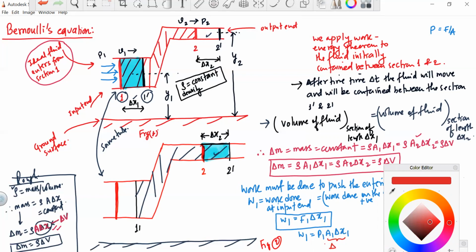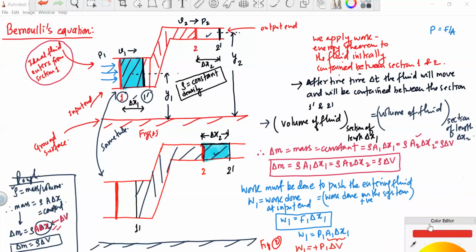So let us denote this product A1 times delta X1 by symbol delta V. So delta V times P1 equals W1, and this is positive because it is work done on the system. That is work done on the fluid in order to push it at section 1, because work has to be done in order to push the fluid at section 1.